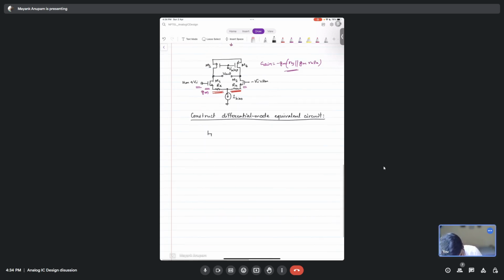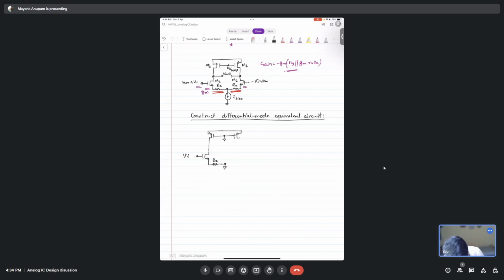So we have this. This is M3, this is M4, and this is ground. Now we have this M1. We have some VI. We have M1, we have RX, and I bias. The bias is grounded, right? So this place will be grounded.